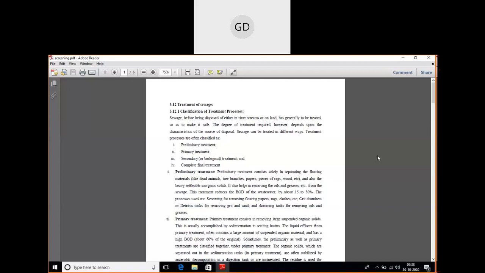The treatment reactors in which the organic matter is decomposed by aerobic bacteria are known as aerobic biological units. The secondary treatment also consists of filters, such as intermittent sand filters or trickling filters. We will discuss this later.